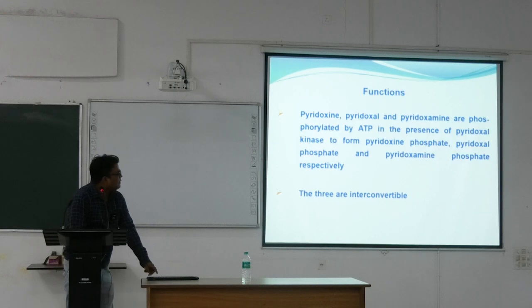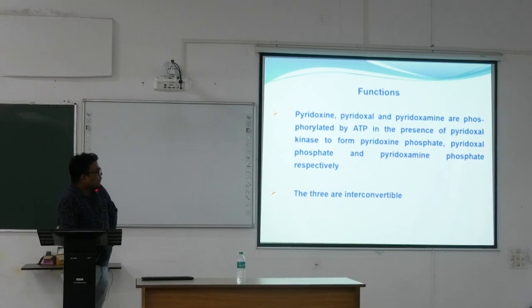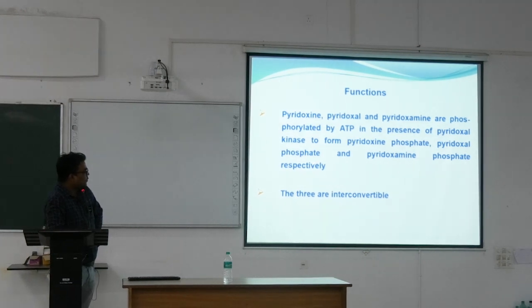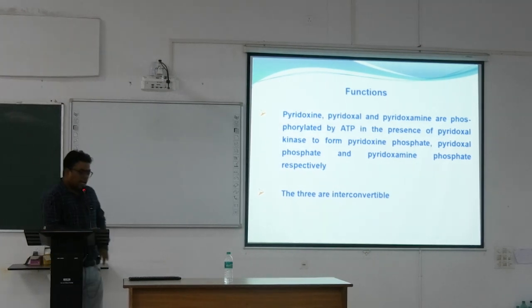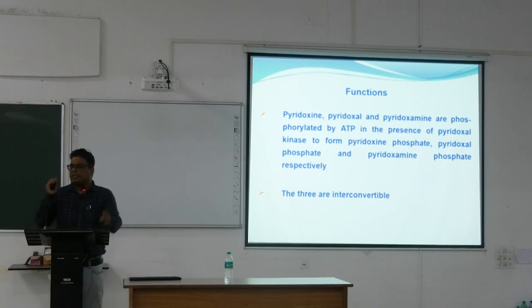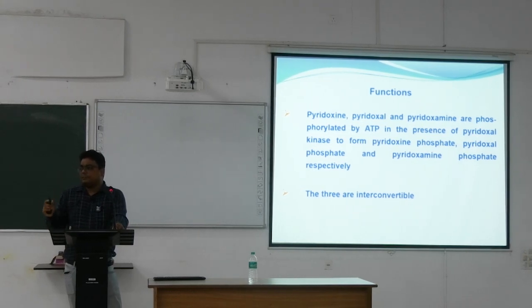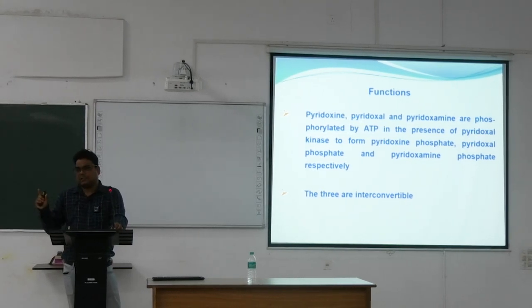Pyridoxine, pyridoxal, and pyridoxamine are phosphorylated by ATP in the presence of pyridoxal kinase to form pyridoxine phosphate, pyridoxal phosphate, and pyridoxamine phosphate. So these are interconvertible. All these activated forms are interconvertible. Students, these are important vitamins. If you read once from the book, you will understand all these terms.